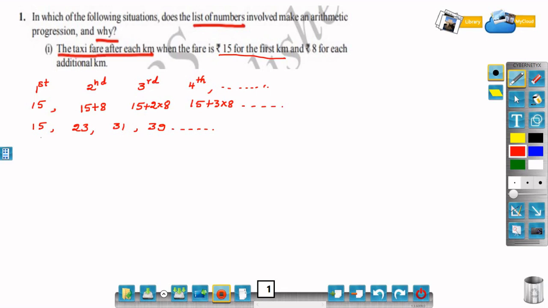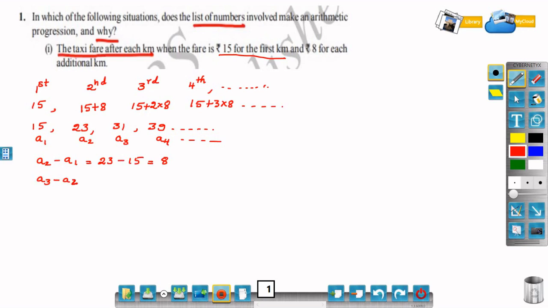Now you have to see whether it is an arithmetic progression or not. Let us see the common difference. This is the first term, second term, third term, and fourth term. Now check the common difference. A2 minus A1, that is 23 minus 15, is equal to 8.